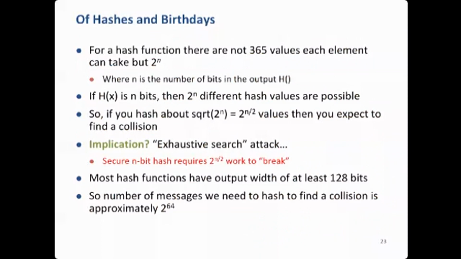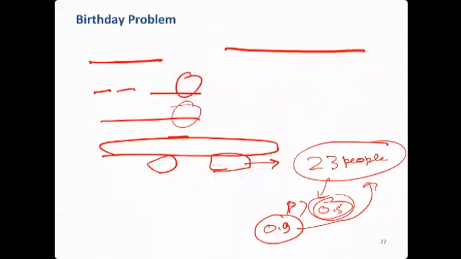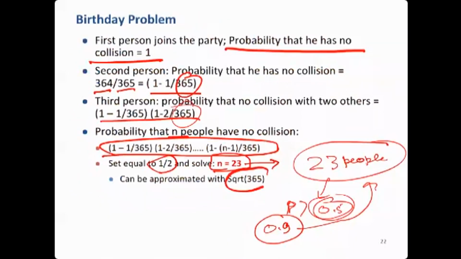But in our case, the output is of size n bits, so 2 raised to the power n values are possible. And this answer that we have got here, 23, is approximately equal to the square root of 365.